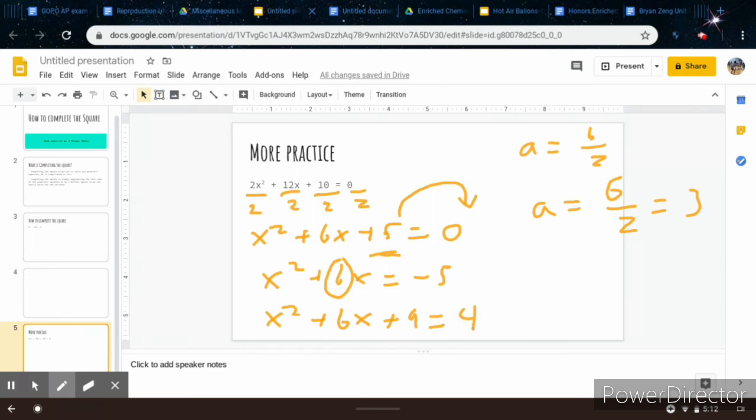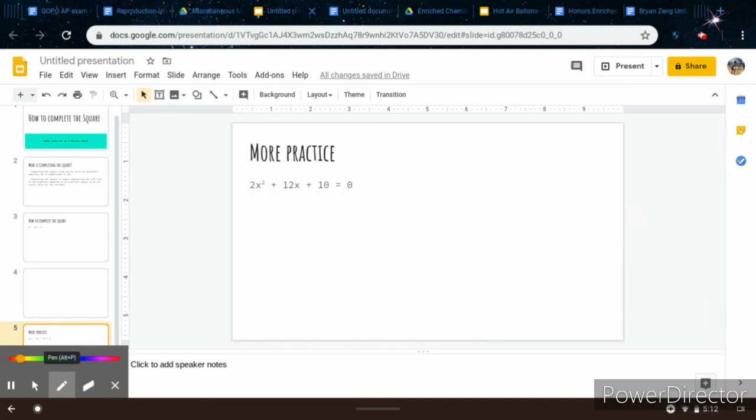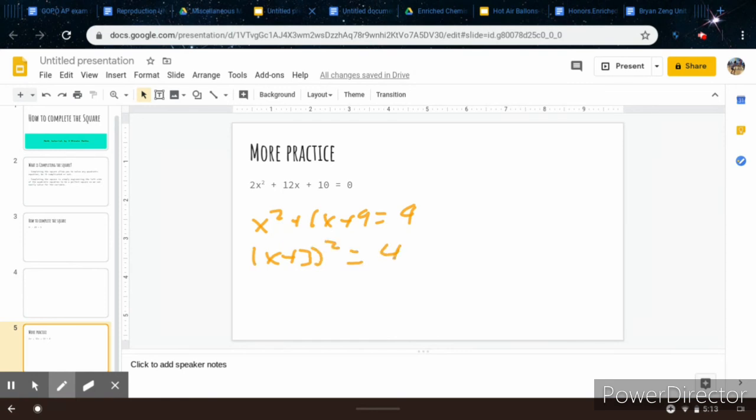So now let me erase everything so we can have a clear board. We have x squared plus 6x plus 9 equals 4. We can condense this, and since we know a is 3, it's simply x plus 3 squared, and that will equal 4. So we square root everything, so it will be x plus 3 equals 2. And don't forget the plus minus here, plus minus is very important.